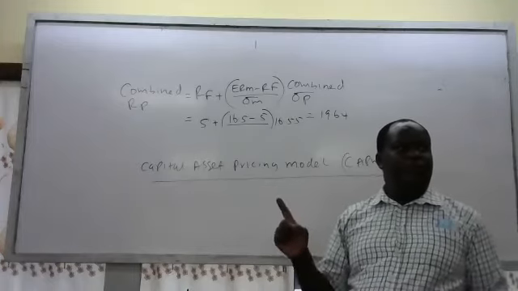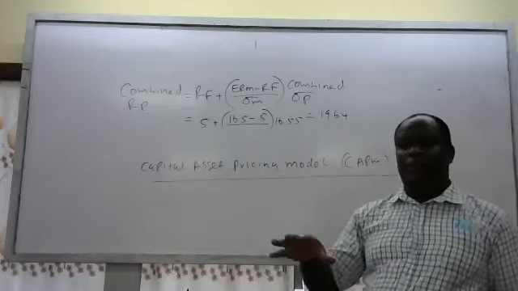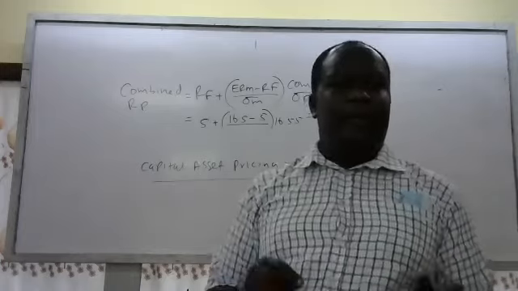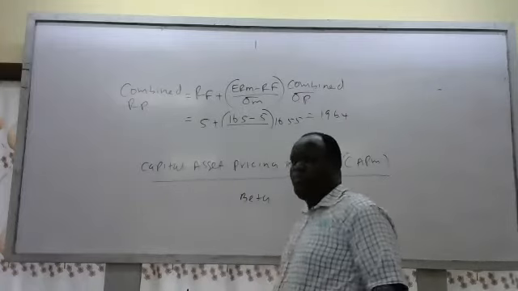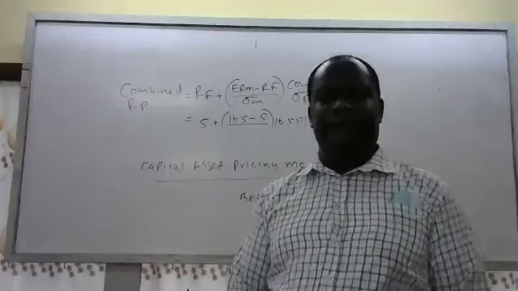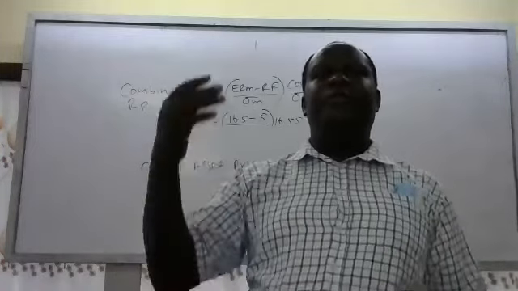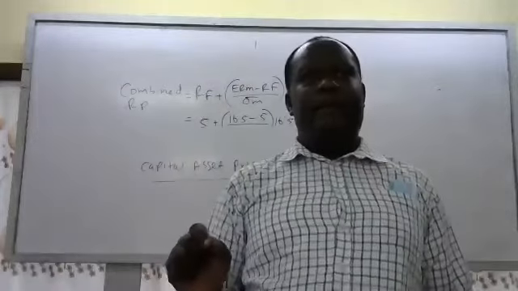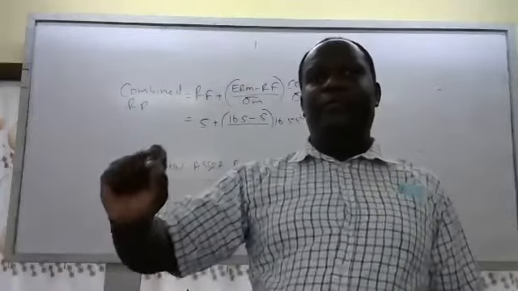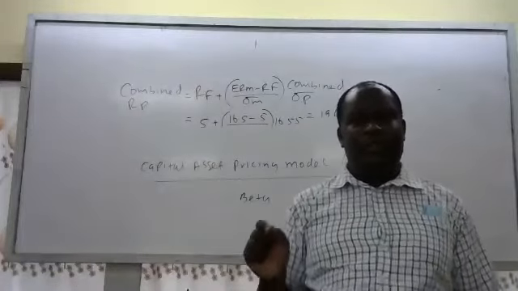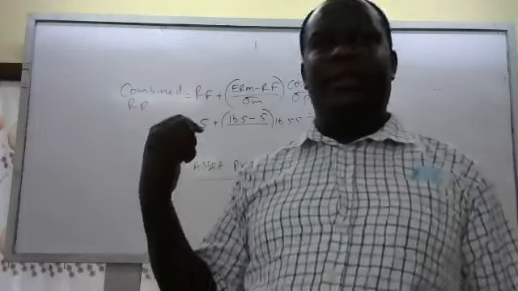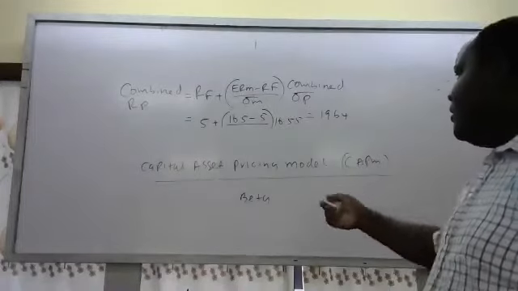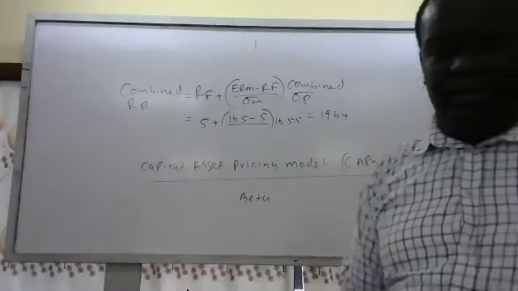Also, under the portfolio theory, the measure of the risk was the standard deviation, but under CAPM we shall use the beta factor to measure the risk. Those are the key differences which we shall be discussing.